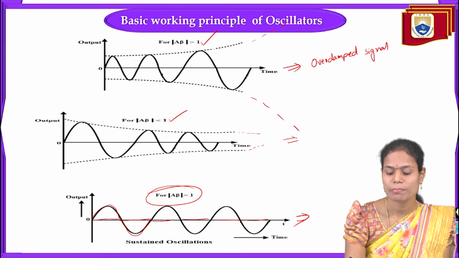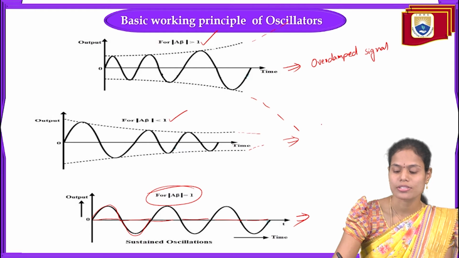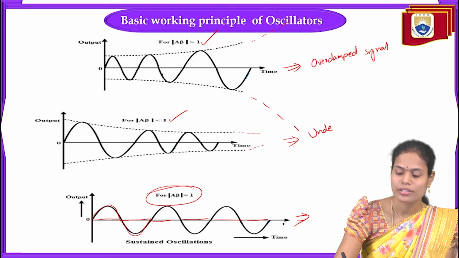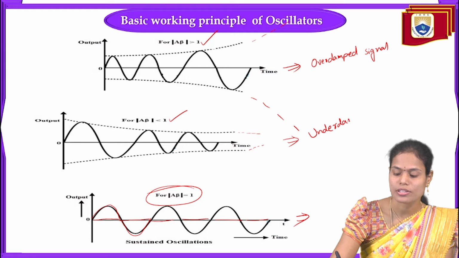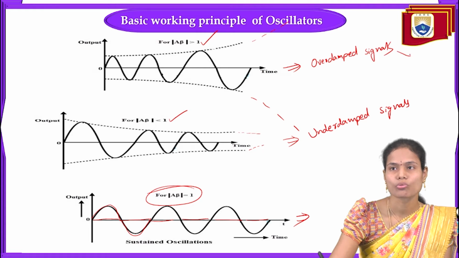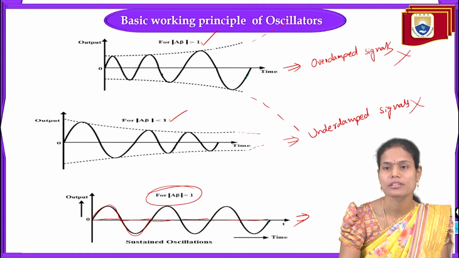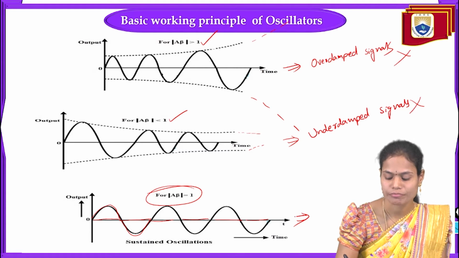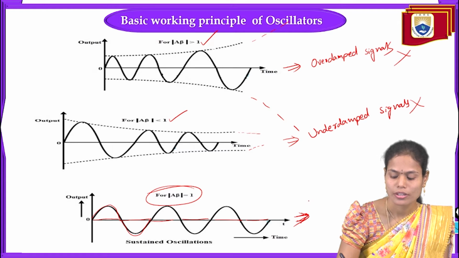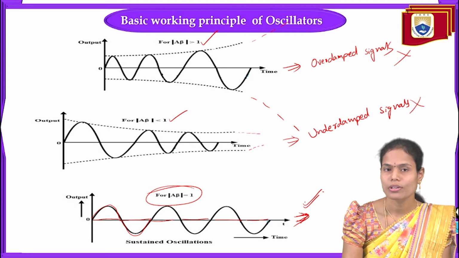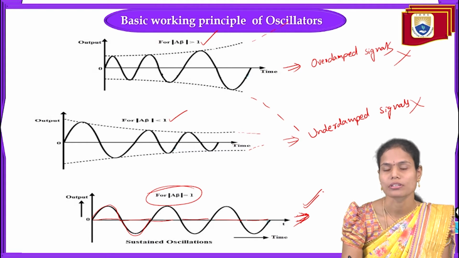So these oscillators we can call underdamped oscillators, and the signal generated from them we can call underdamped signals. We don't require these overdamped as well as underdamped signals. Always we require the normal signal, without growth or decay. This signal we can utilize in order to test any particular circuit or device.